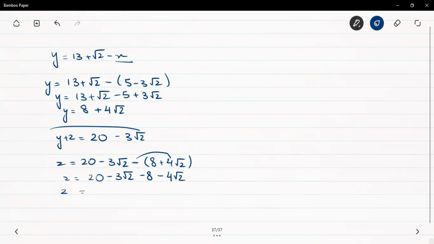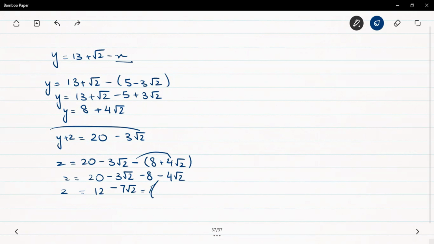So we are going to get z is equals to 20 minus 8. What's 20 minus 8? It's equals to 2, I guess. No, it's equals to 12, sorry. So it's minus 3 minus 4. What is 4 plus 3? It's negative 7 under root 2. And that's the value of z.